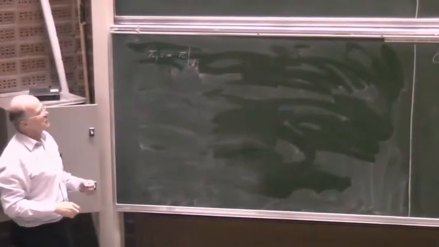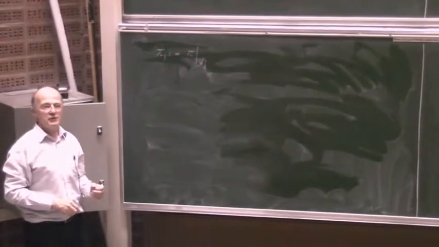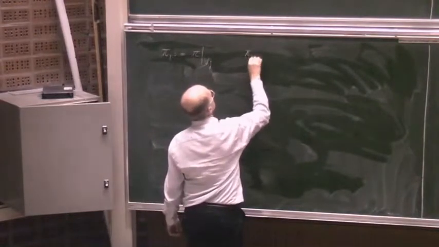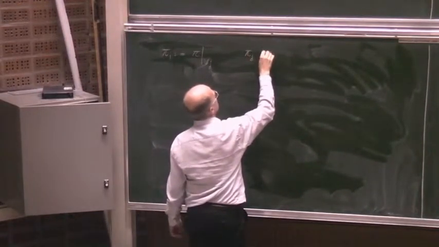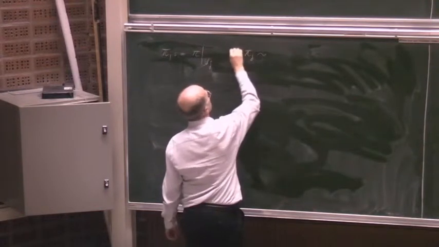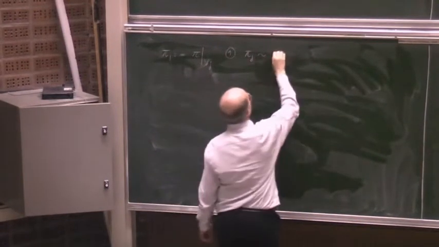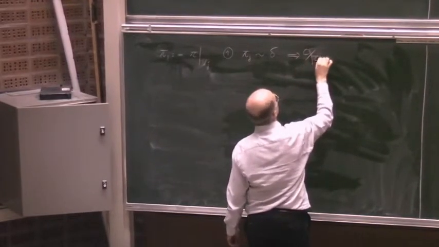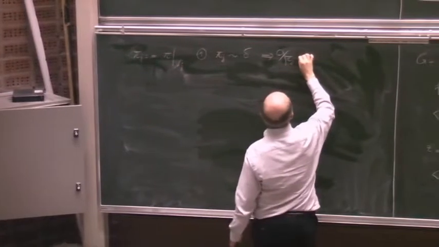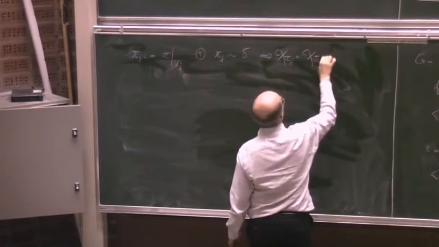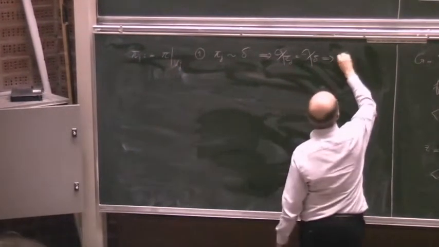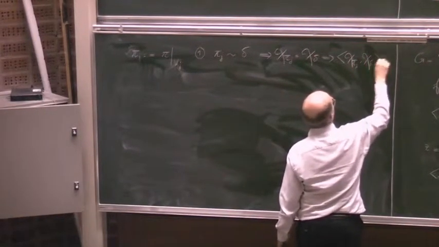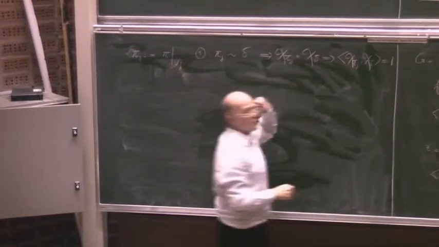Now we know that there are two possibilities. Either this restriction is equivalent to delta, so this is case 1. Then we know that the character of pi j is the character of delta, and that means that the inner product of the two characters is 1, because this is an L2 function with norm 1.